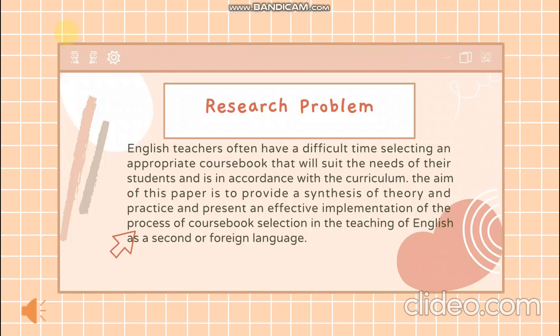Bearing this in mind, the aim of this paper is to provide a synthesis of theory and practice and present an effective implementation of the process of coursebook selection in the teaching of English as a second or foreign language.